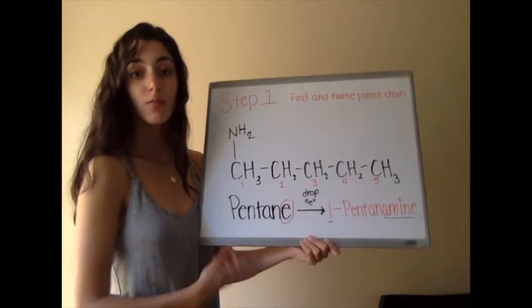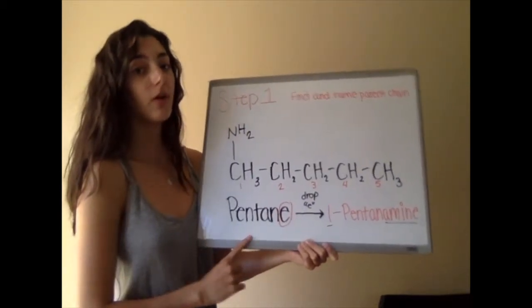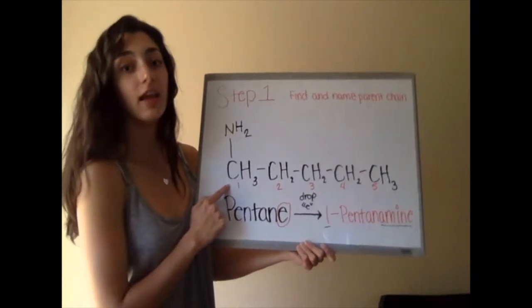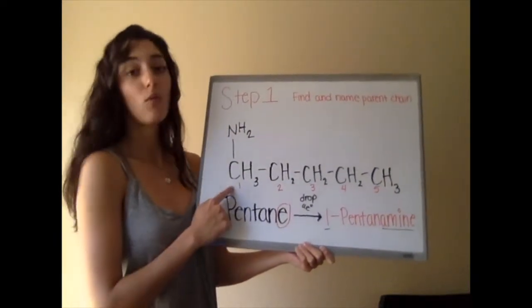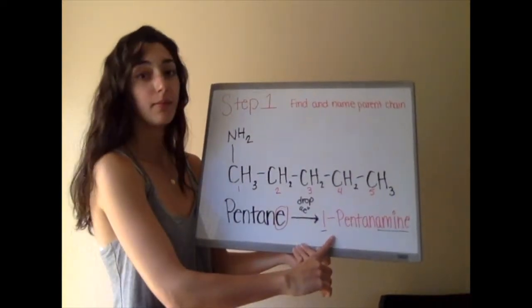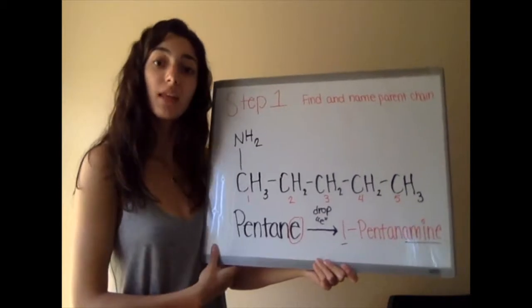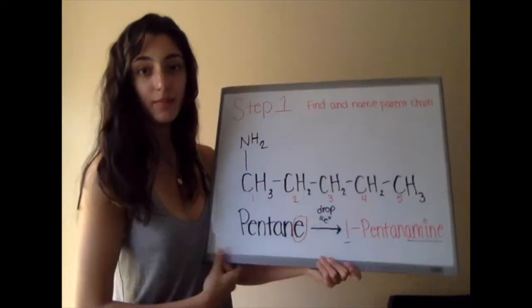But since there are more than 2 carbons in the parent chain, we need to include the position number of the carbon bonded to the nitrogen in the parent chain name. For this example, the nitrogen is bonded to carbon number 1, so 1 is used as a prefix to the parent chain name. So the amine name for this example is 1-pentanamine.